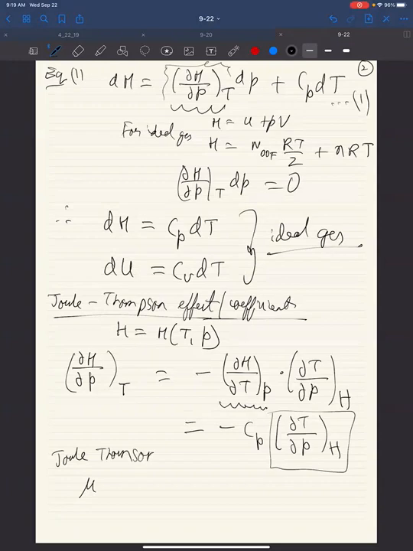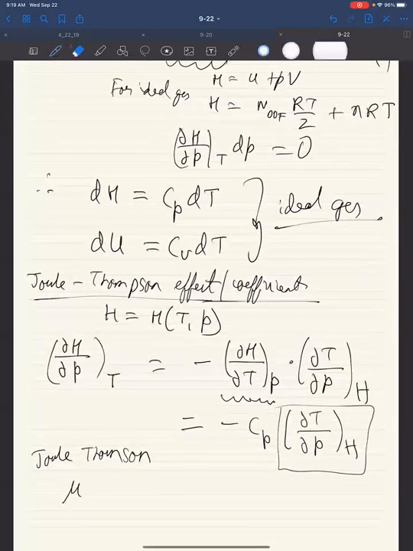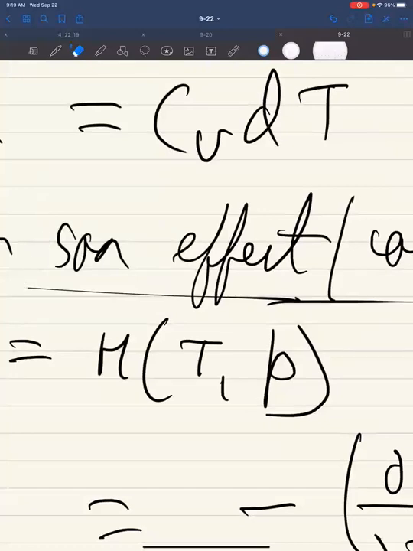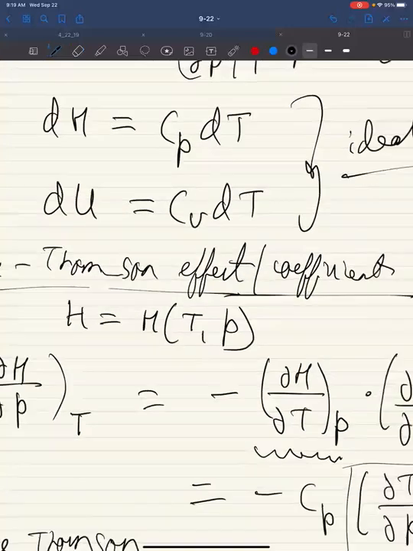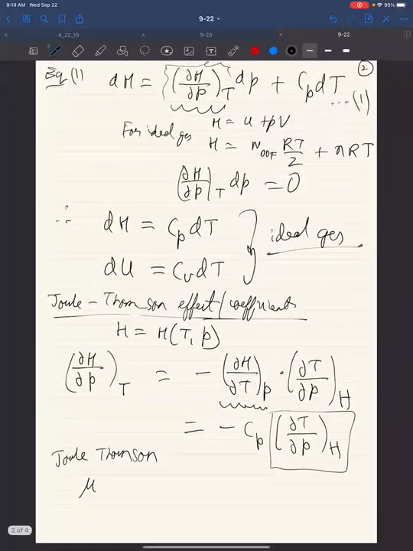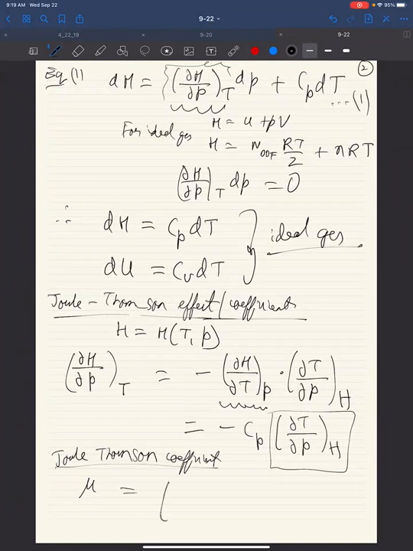I think it is without a P. So mu, the Joule-Thomson coefficient, and I'll tell you why it's important, is defined as partial T by partial P at constant H.